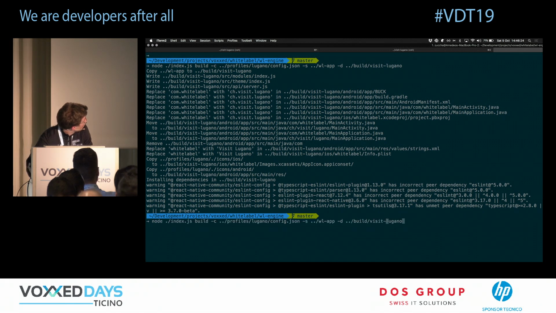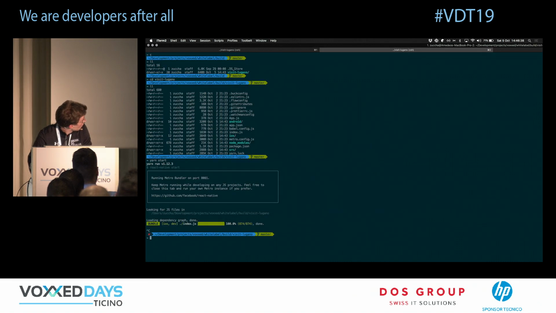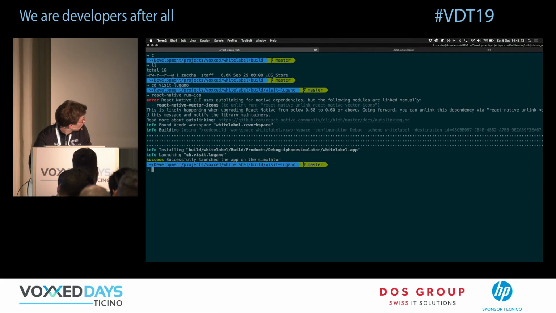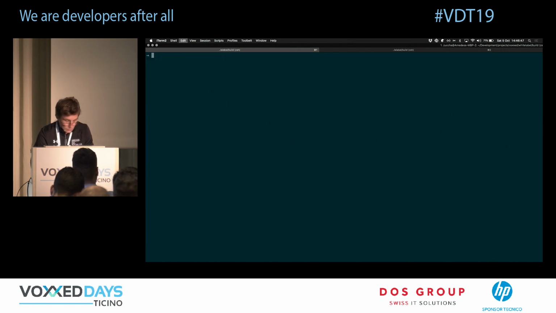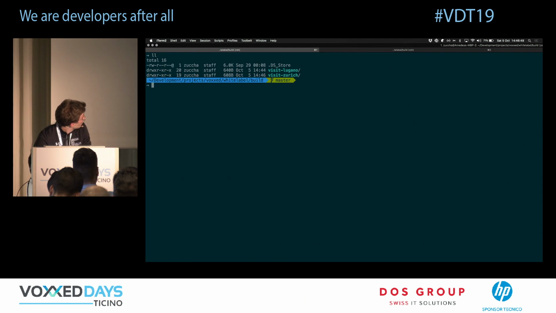Here, instead of generating Lugano, I'm gonna generate the Zurich application. So we are gonna create another project. Now we see it has generated a Visit Zurich.